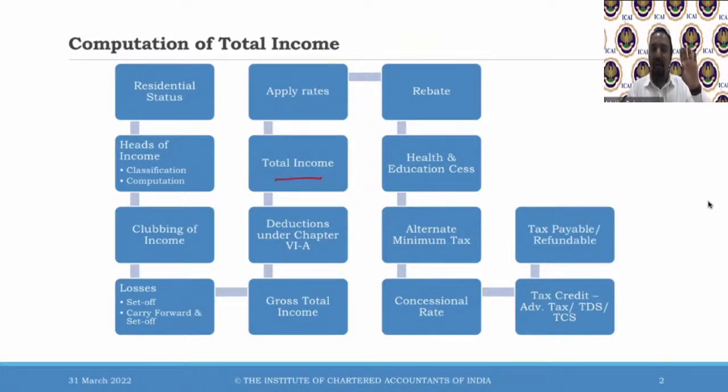But income tax says at least pay a minimum of this tax in certain situations. We'll discuss that also. So you go through this alternate minimum tax and look for whether you are available for any concessional rate. Whatever TDS credit you have, then finally you arrive at the tax payable. So this is what you will have to do in a wholesome approach.